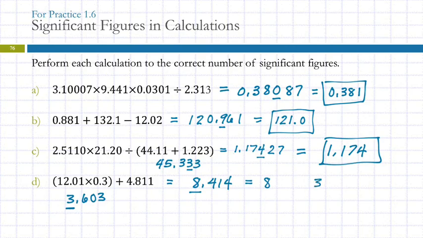If we stack those, 3.603, 4.811, understanding that that's our last significant figure, then we draw the line here. And it's just 8. Some people find that disturbing.